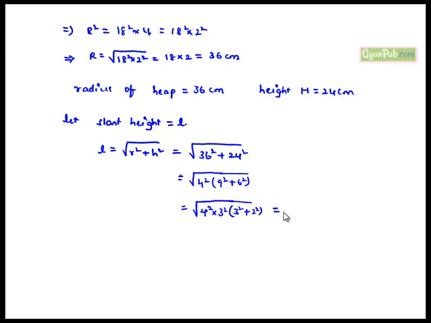That is equal to 4 times 3, which is taken out from the root, that is 12, times the square root of 9 plus 4, that is 13. Therefore the slant height of the heap is equal to 12 root 13 centimeters.